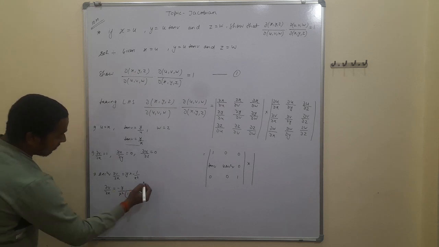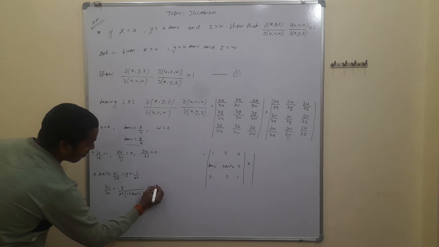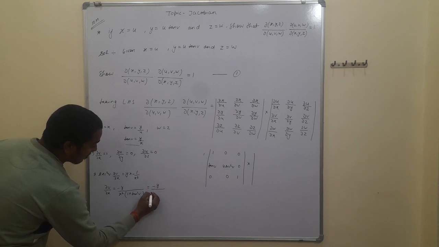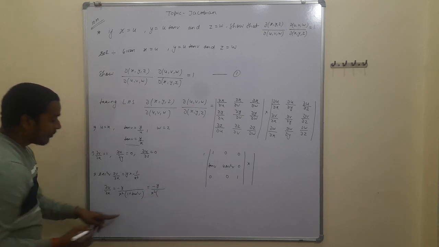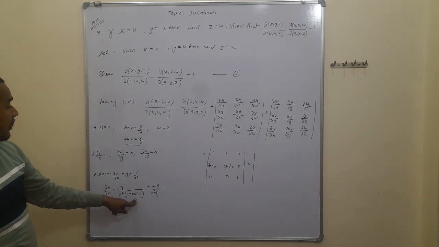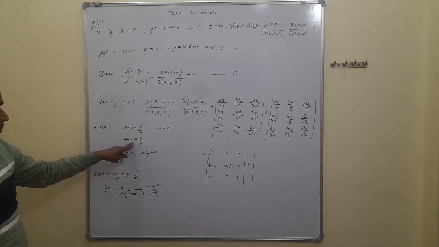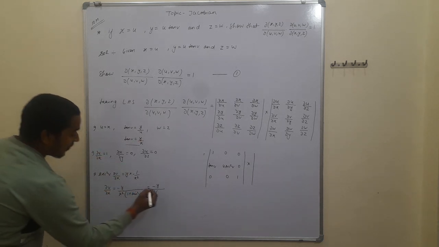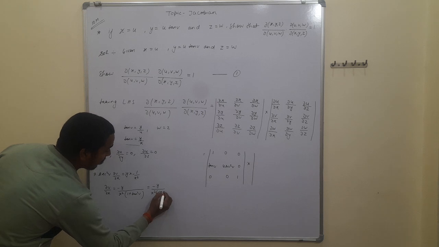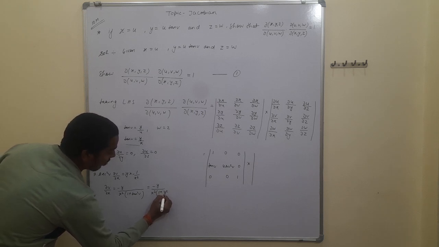and we put the value, that is minus y upon x square and 1 plus tan square v. Then from here, the value of tan v is y upon x, that is 1 plus y square upon x square.